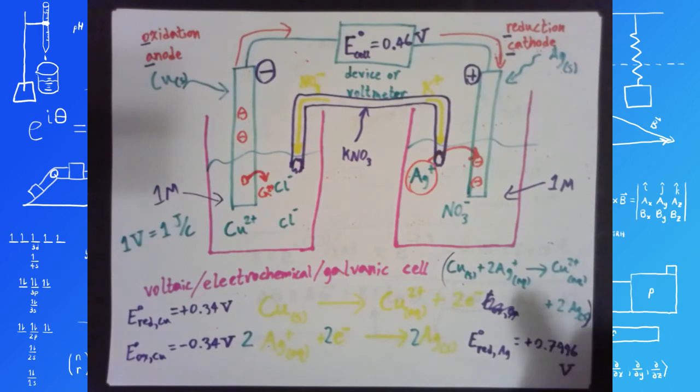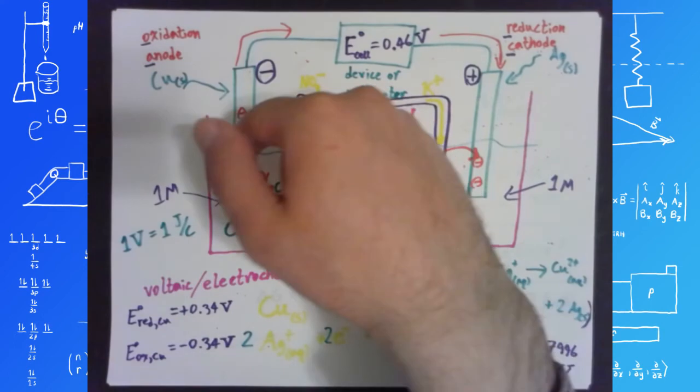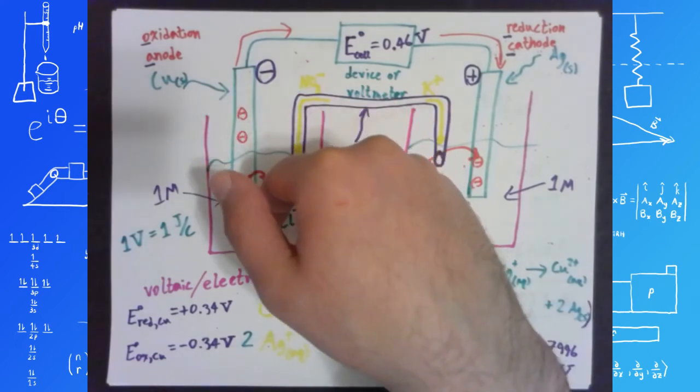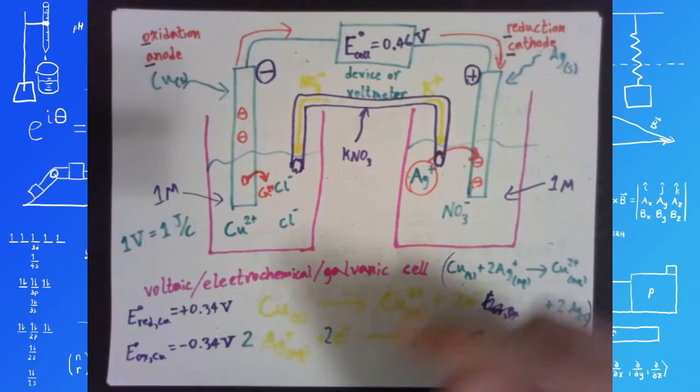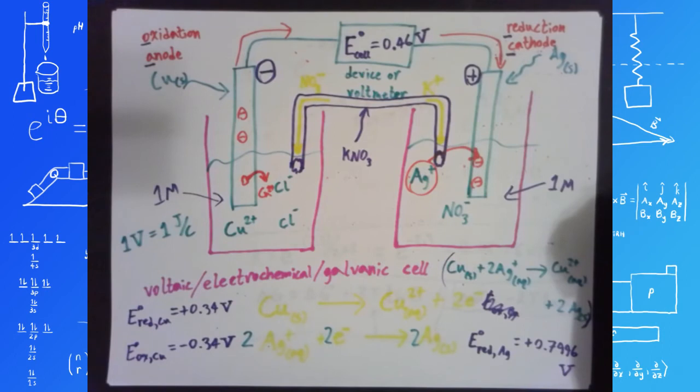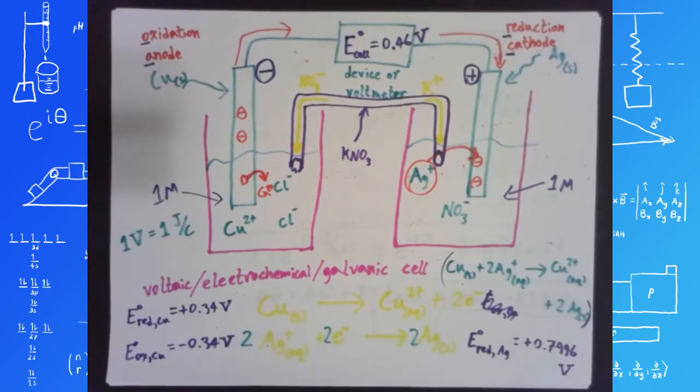If I increase the copper ion concentration, if I pour more copper 2 chloride into this chamber, what would that do? Would that increase or decrease the cell potential?